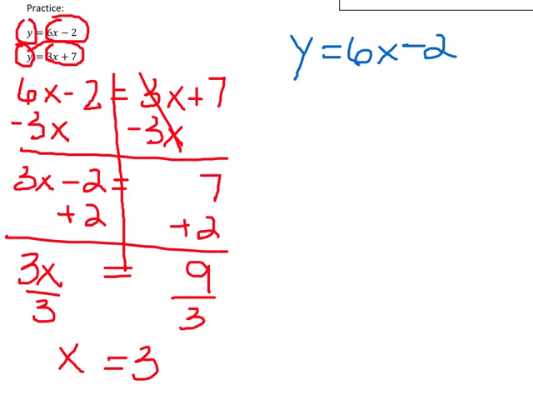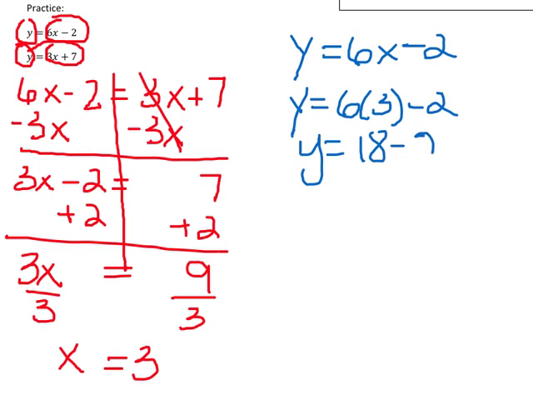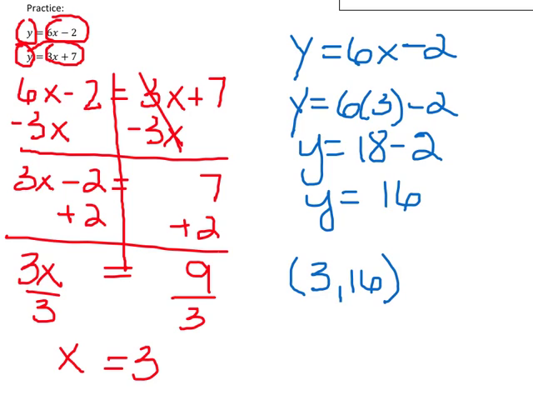So I get y equals 6 times 3 minus 2. So y equals 18 minus 2, which means y equals 16. And therefore, my solution, or my answer, is (3, 16). Make sure you remember the first number that you put is the x, and the second number is the y.